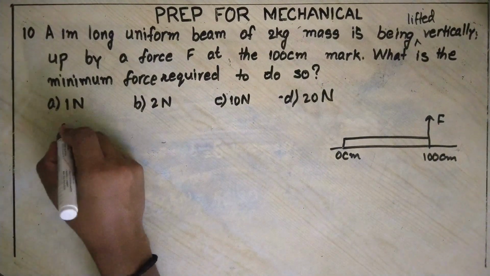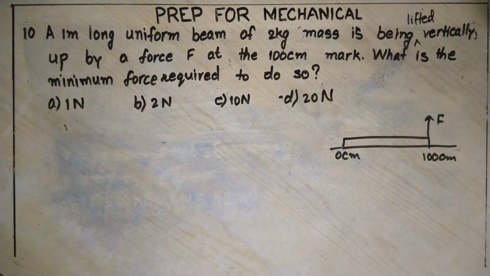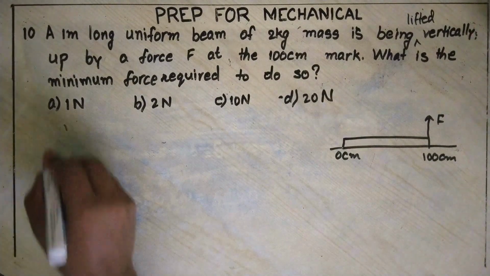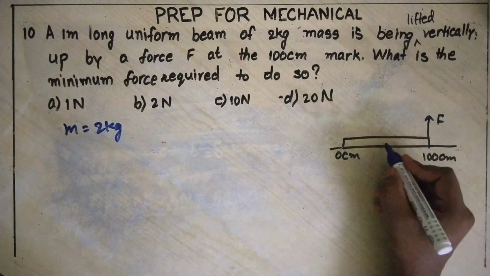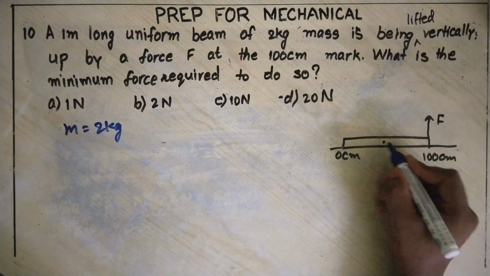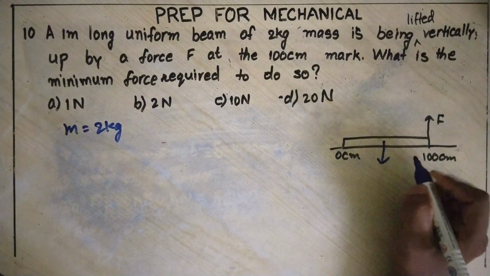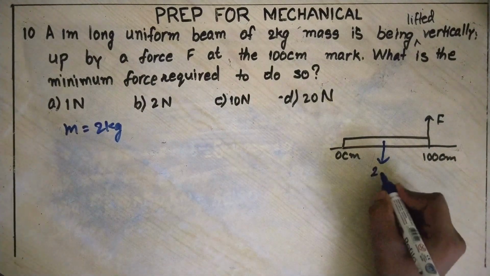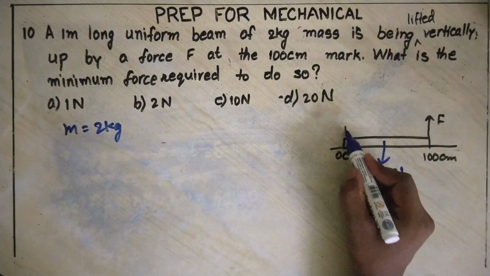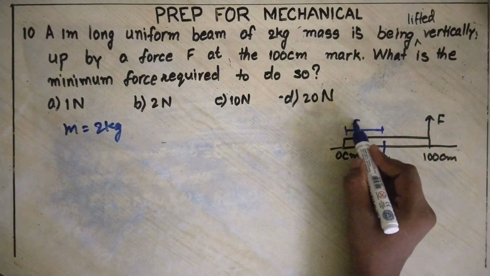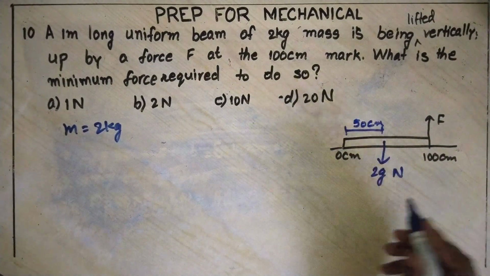So mass of the beam is given as 2 kg, hence the force acting in downward direction due to its weight will be equal to 2g Newton, and it will work at half the distance of the beam, that is 50 centimeter.